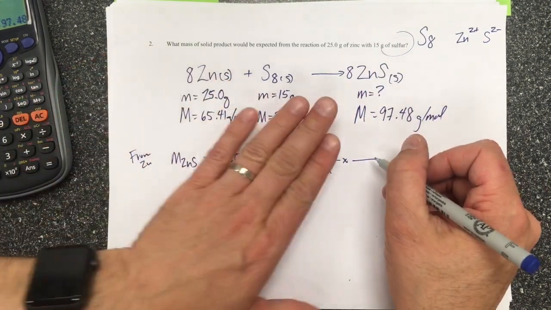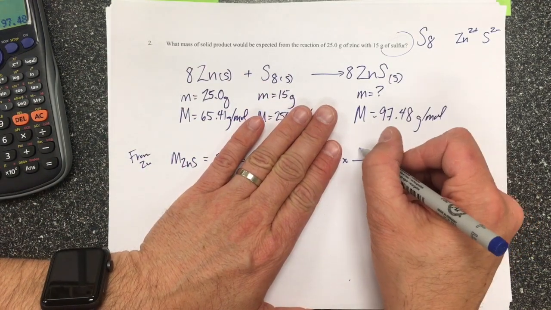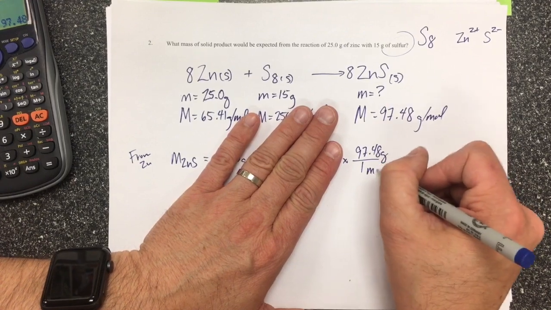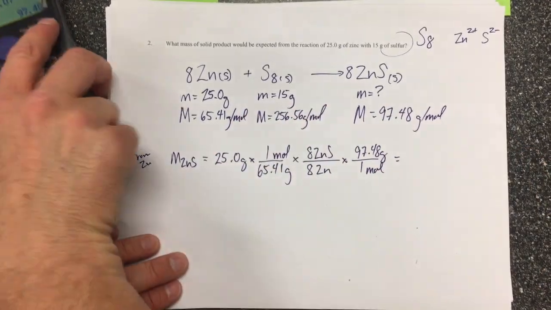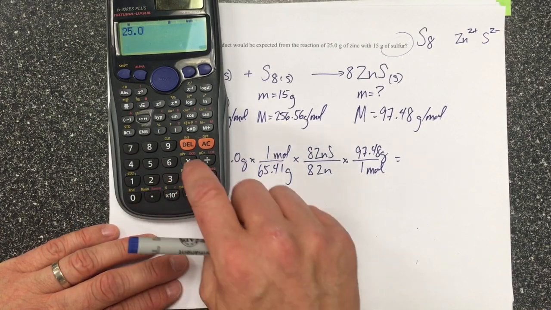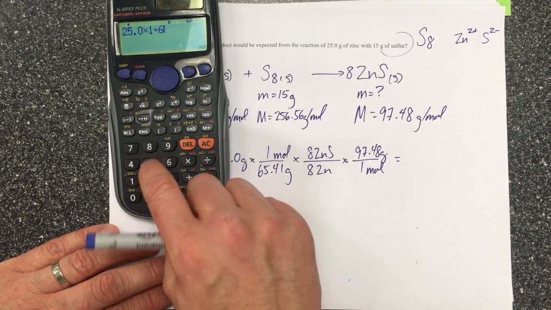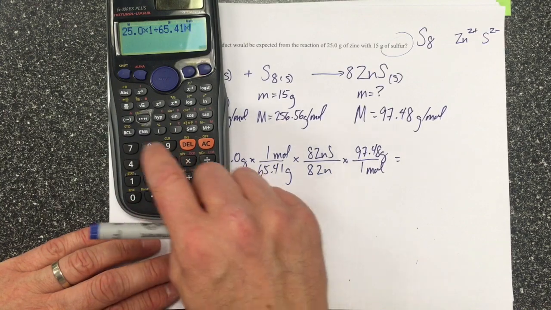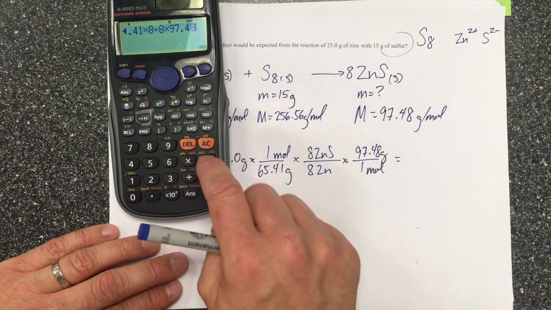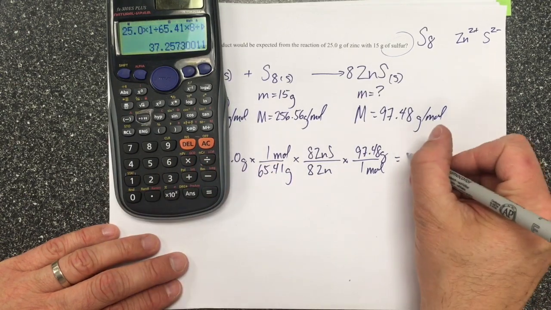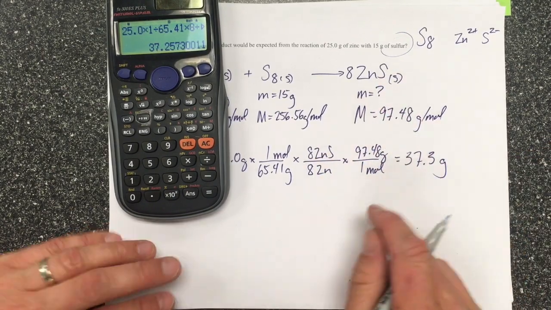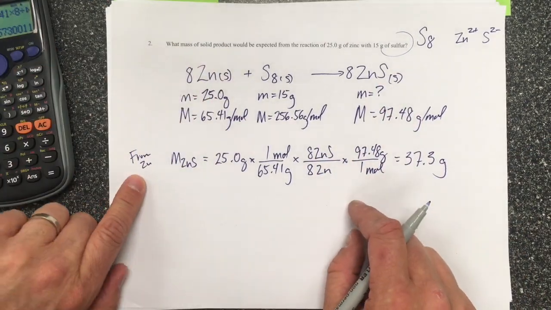And then once I know the number of moles of zinc sulfide, I'm going to use the molar mass, so 97.48 grams for 1 mole of zinc sulfide. So if I take my 25.0 times 1 divided by 65.41 times 8 divided by 8 times 97.48 divided by 1, I get 37.3 grams of zinc sulfide from zinc.